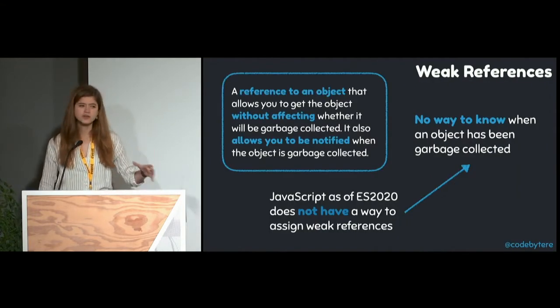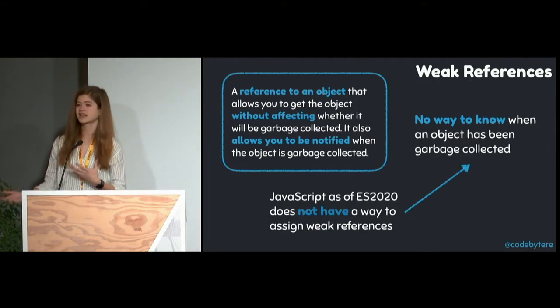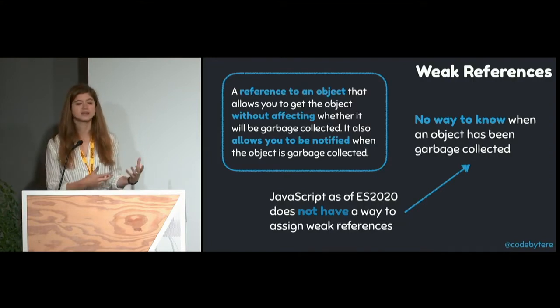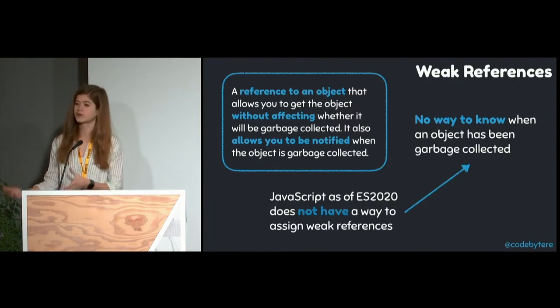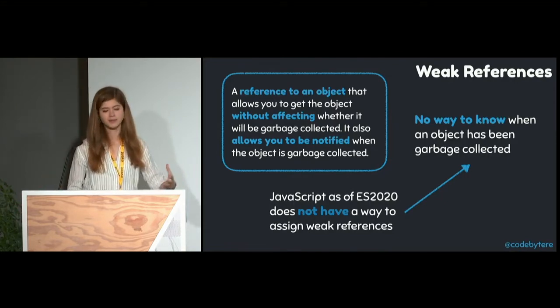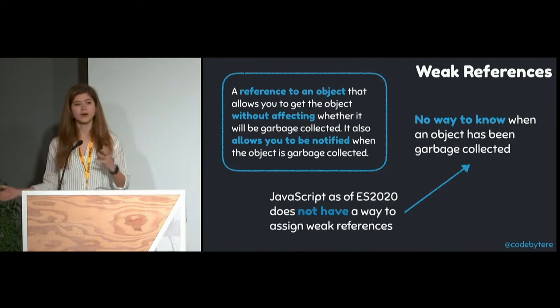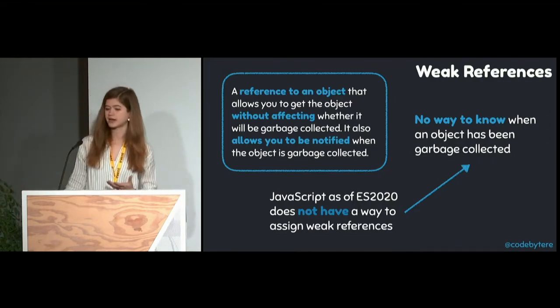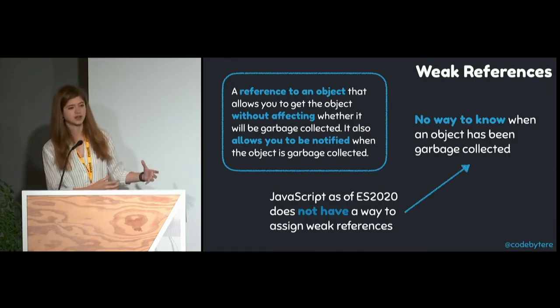A very useful concept for us as we think about this is that of weak references. A weak reference is a reference to an object that allows you to get that object without affecting whether or not it's going to be garbage collected. It also allows you to be notified when the object has been garbage collected.